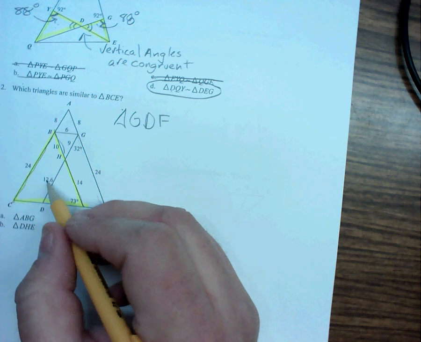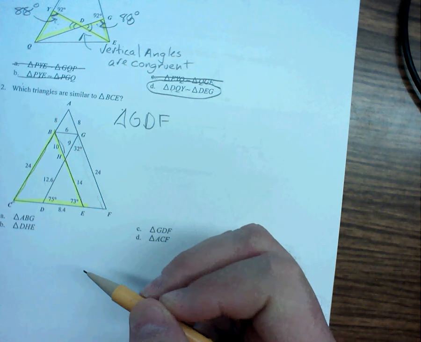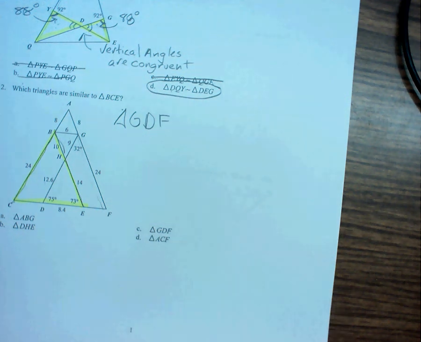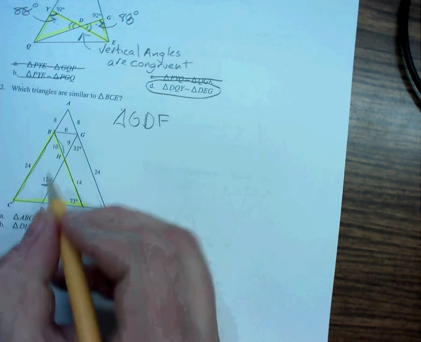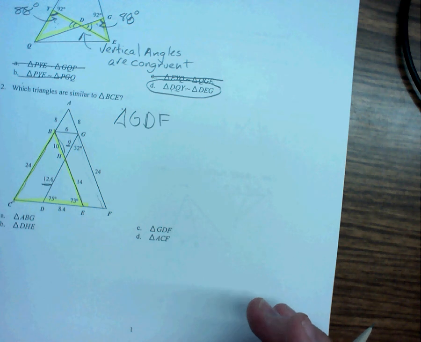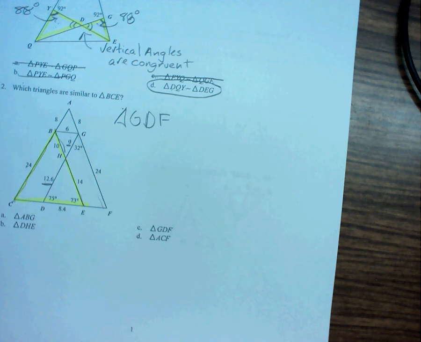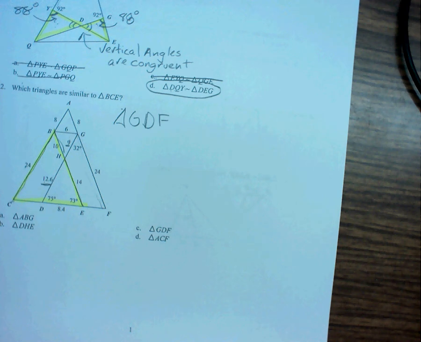And then when I add this up, is that 24? In other words, what's 12 plus 9? It's like 21 something, right? But this is 24. So I don't know if they're going to be similar because their side lengths are not proportional.